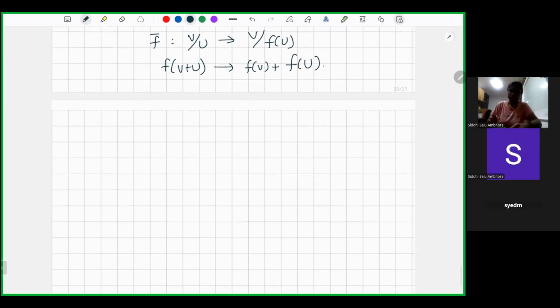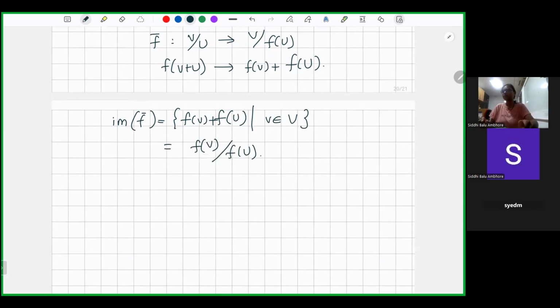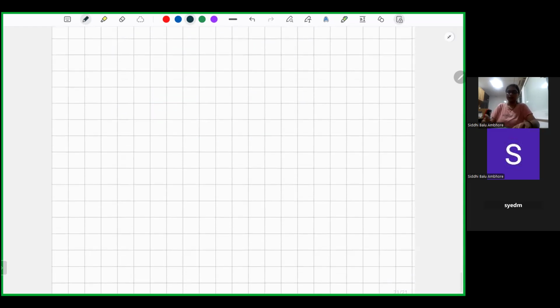And the image of this is all those f of v plus capital F of U such that v belongs to V, right? That's the definition. And that is just f of V quotiented by f of U.